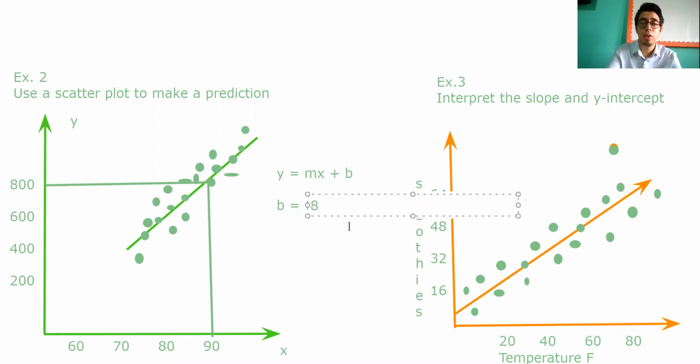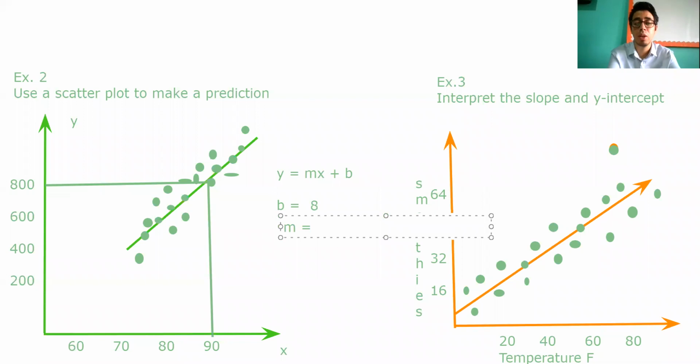And what other value do we need? We need to find the value for m, that m is going to be equal to y over x. But remember, we have 2 different values for y and 2 different values for x in this point, because in the graph, they give you the scale. So y2 minus y1 over x2 minus x1.